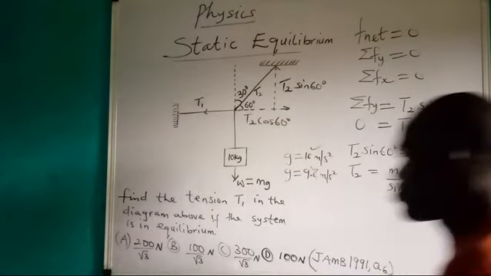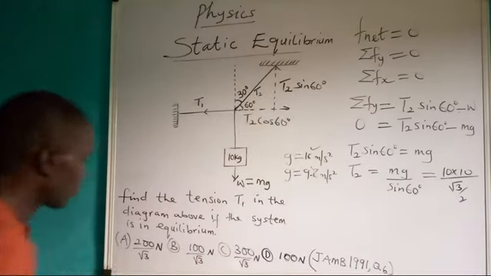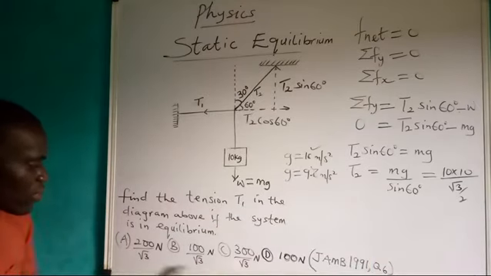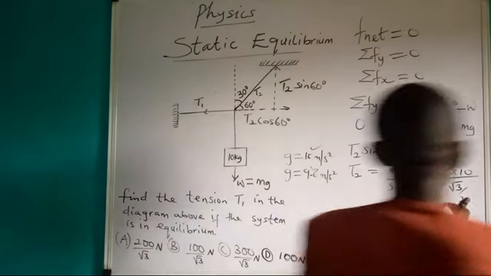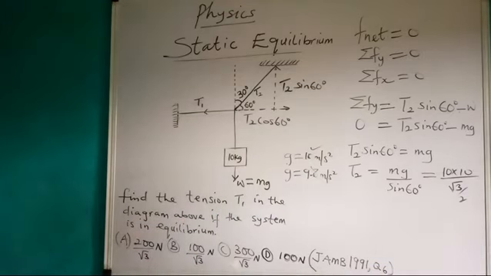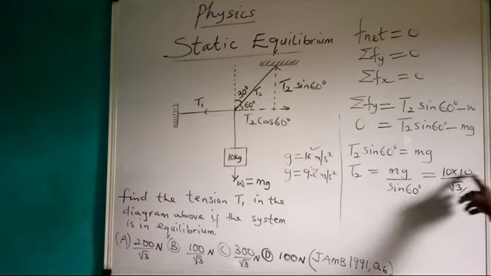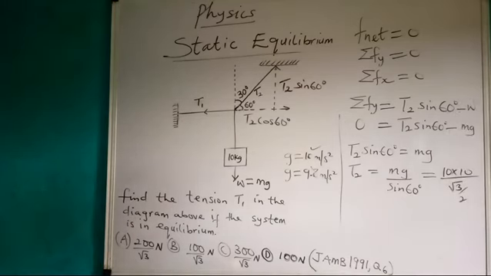Please take notes. Based on the options, you can see the options are in surd form, meaning I need to use surd form to resolve this. Now, solving this, what can we do here? Let us see. I can resolve the numerator to be 100, 10 times 10.